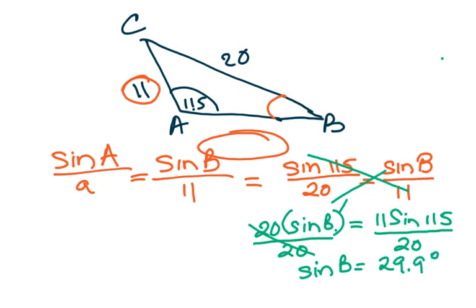So now you know that angle, 29.9. Now to solve the rest of it, all you do is 180, take away 29.9, take away 115 to solve the last angle. But that's how you can find all the angles. And then to find the length of this side, you can also use the law of sines.